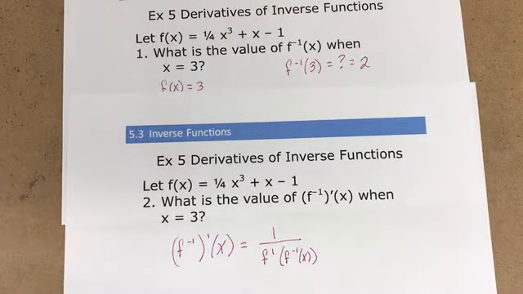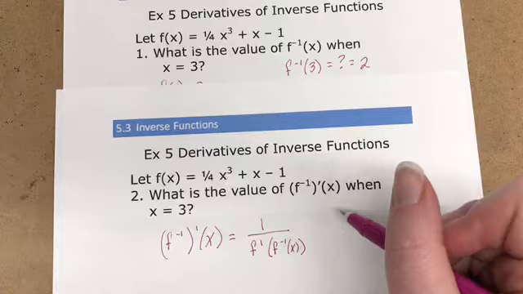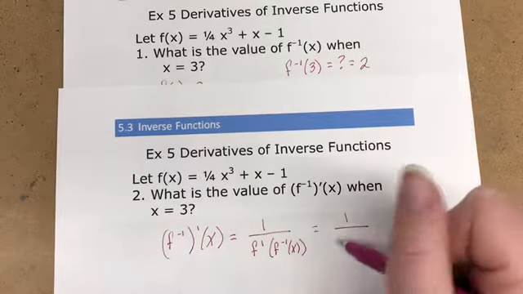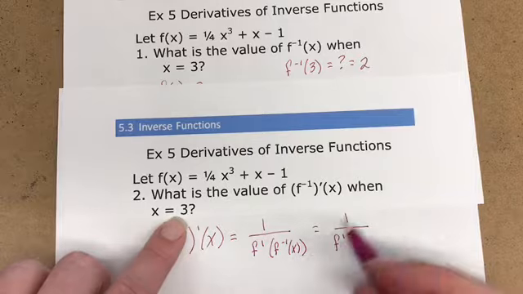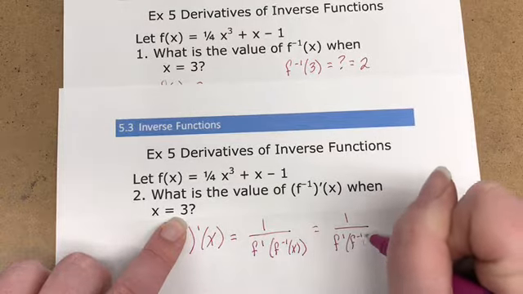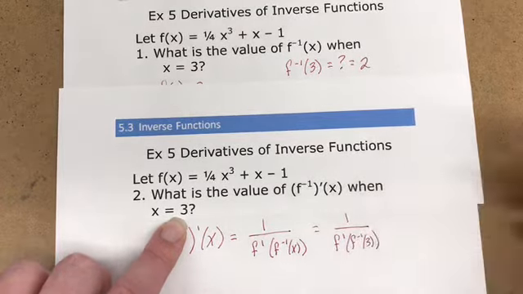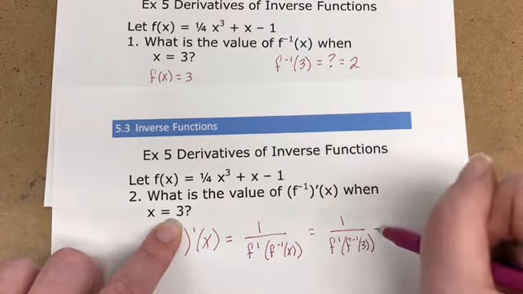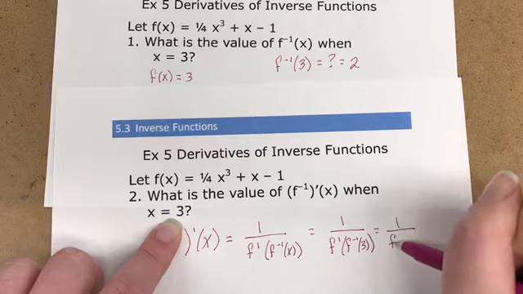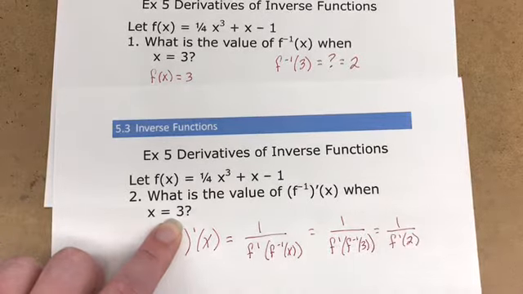So in our case, we want to know 1 over f prime of f inverse of 3, which we found in part A. F inverse of 3 is just 2. So I have 1 over f prime of 2.